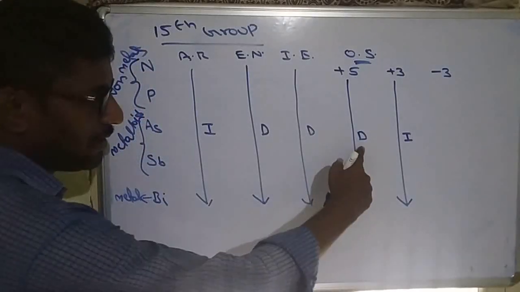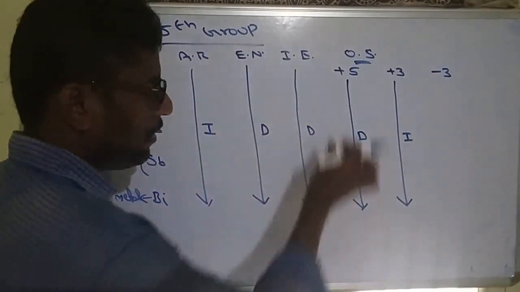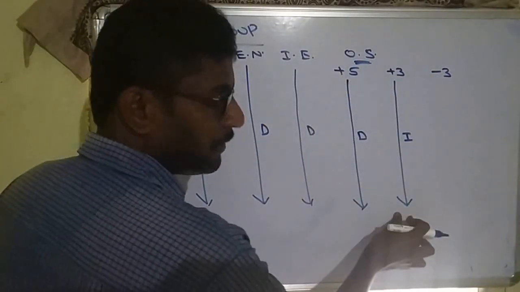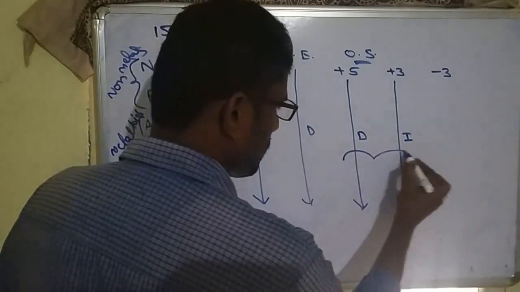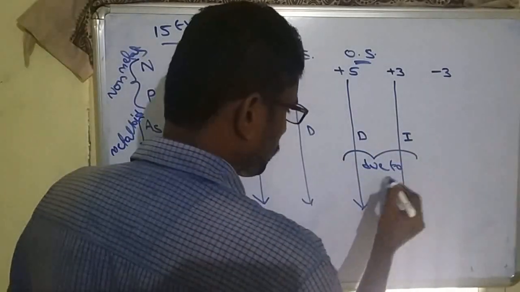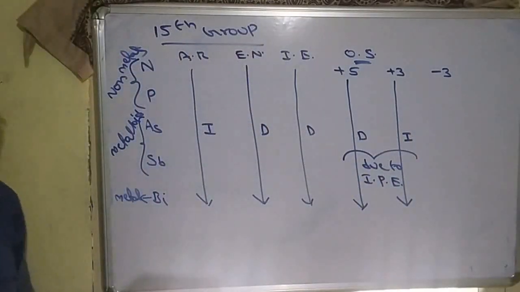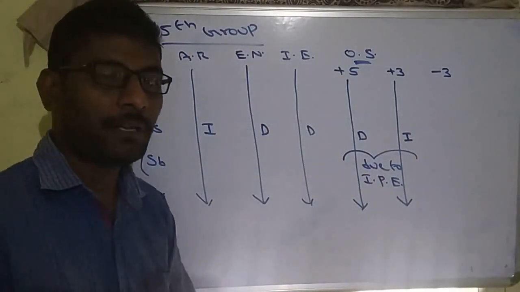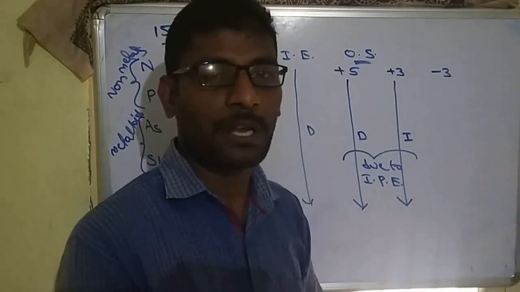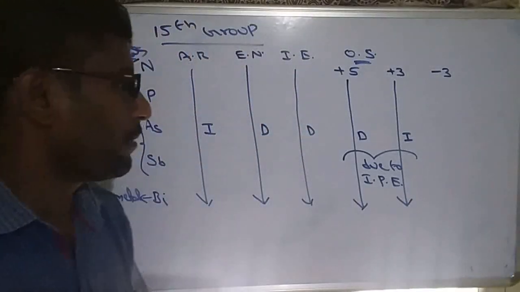D means decrease, I means increase, remember it. Both are due to inert pair effect: higher charge stability decreases, lower charge stability increases top to bottom.